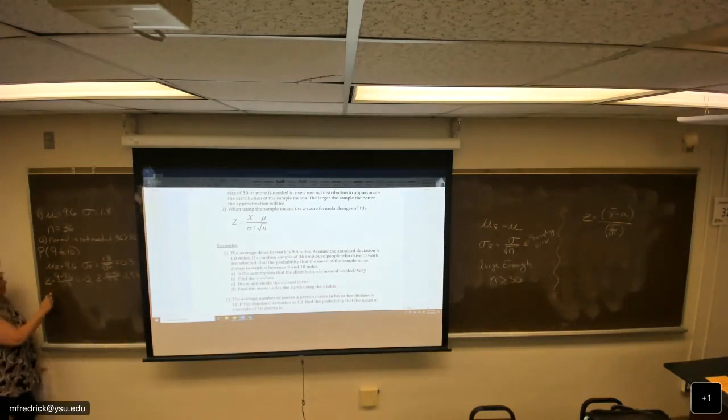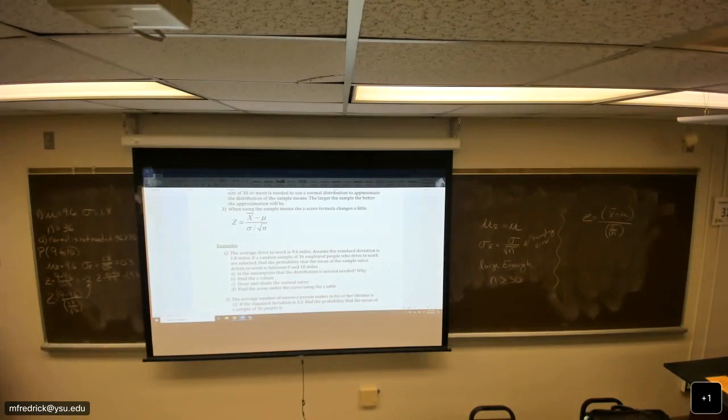Now, if you wanted, instead of doing it this way, we could have done 9 minus 9.6, over 1.8 divided by the square root of 36. If you're doing a sampling size, you always have to do this.